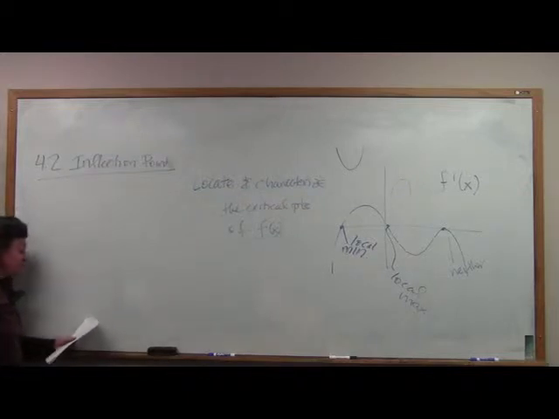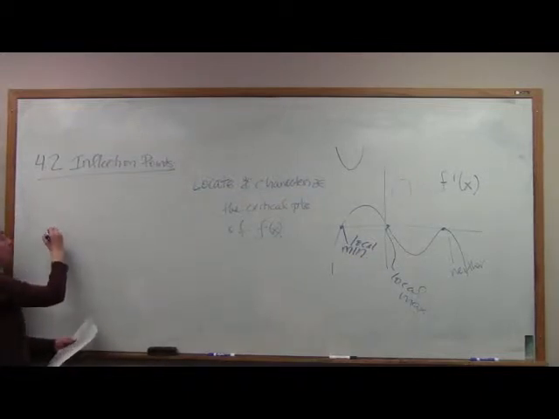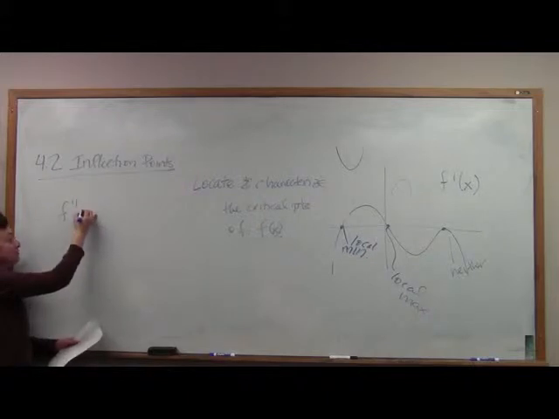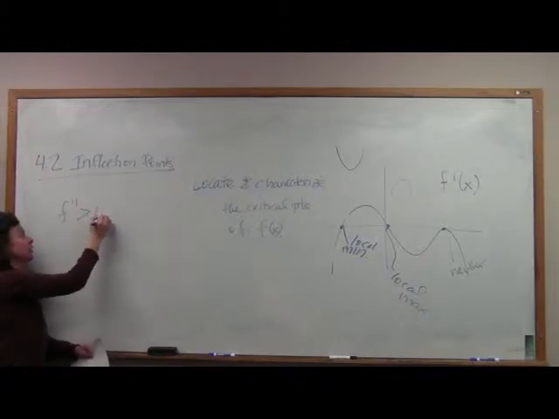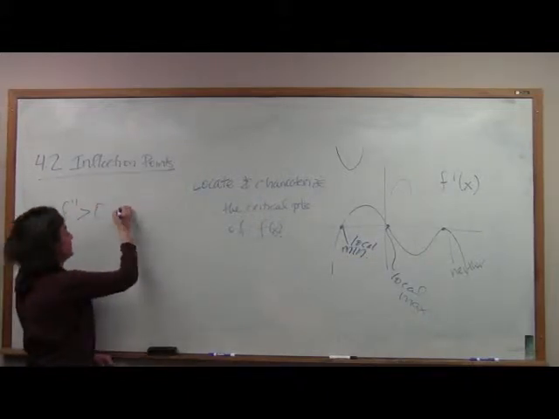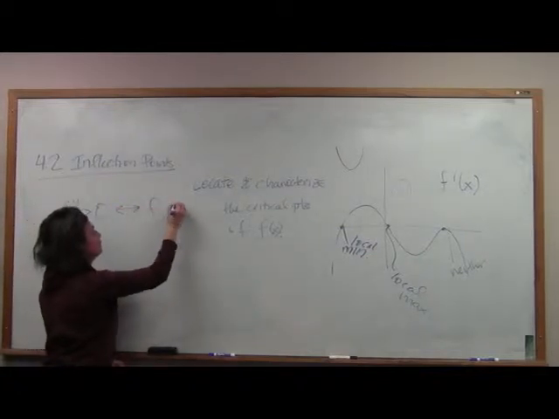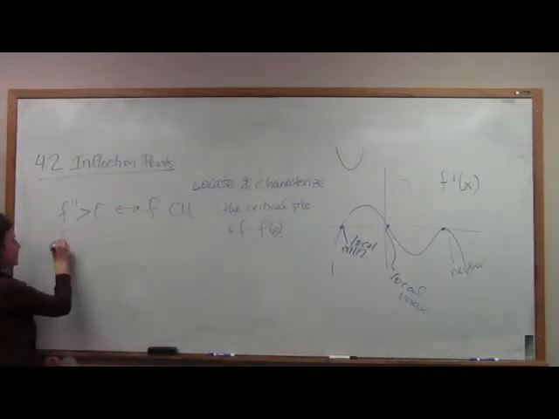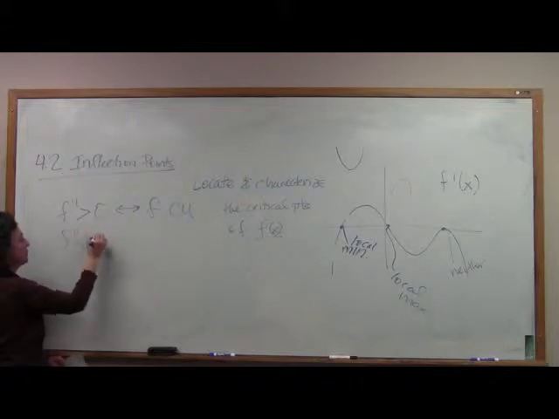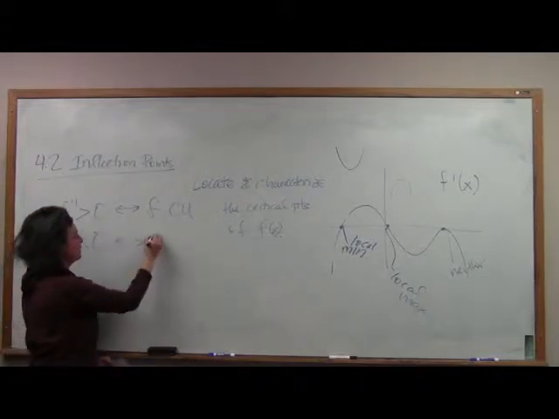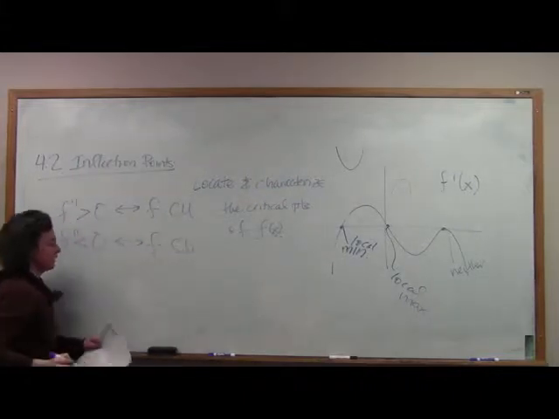But one of the things that I want to remind you of is we saw from chapter 2 where our second derivative is positive, our function was concave up. And where our second derivative is negative, our function is concave down.